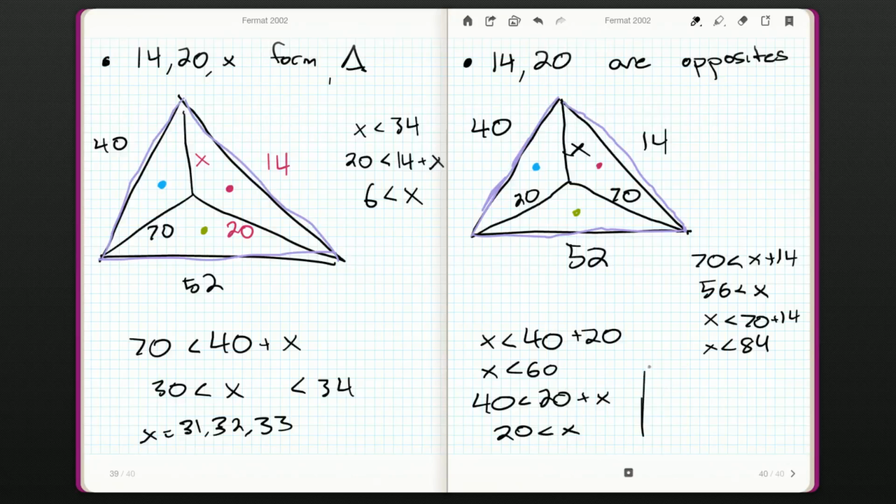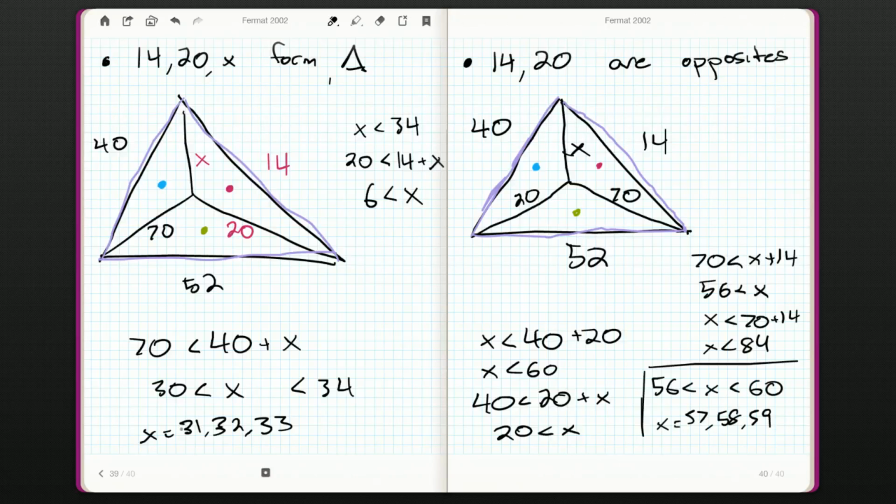So they're all satisfied by saying 56 is less than x, is less than 60. So that means that x can be 57, 58, and 59. So we get 3 more cases to work with. So 31, 32, 33, 57, 58, and 59. That's a total of 6.